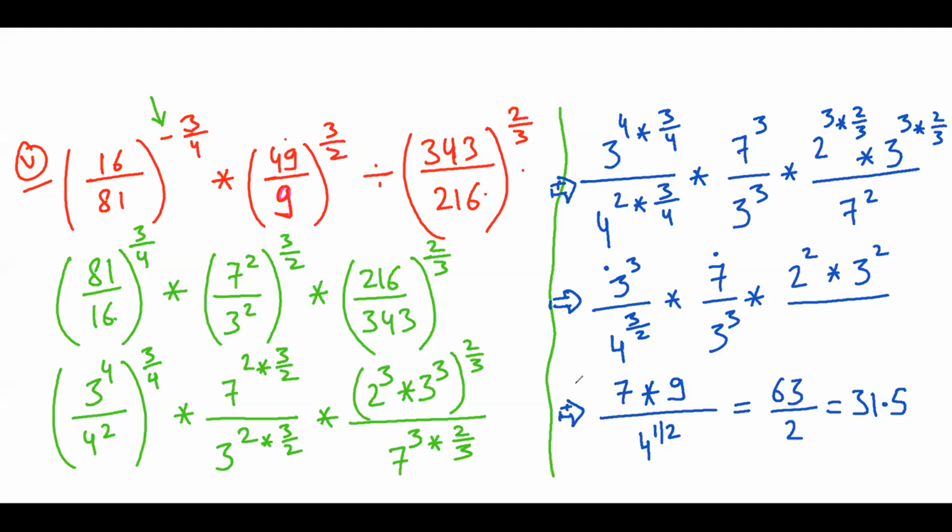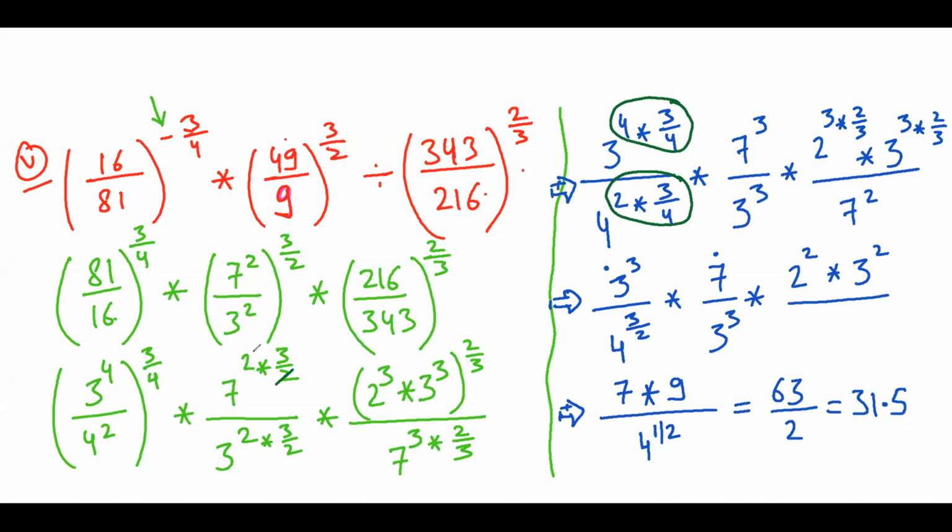Okay, so let me take you through how I have simplified this further. So see what I've done. This 3 raised to 4 into 3 by 4, this is what I have written here. Upon 4 square, this 2 gets multiplied by this 3 by 4. This is what I have written here. Then this 2 and 2 cancels.